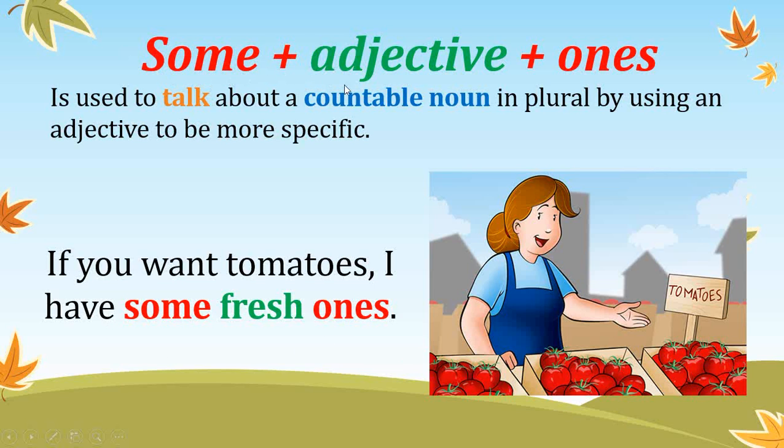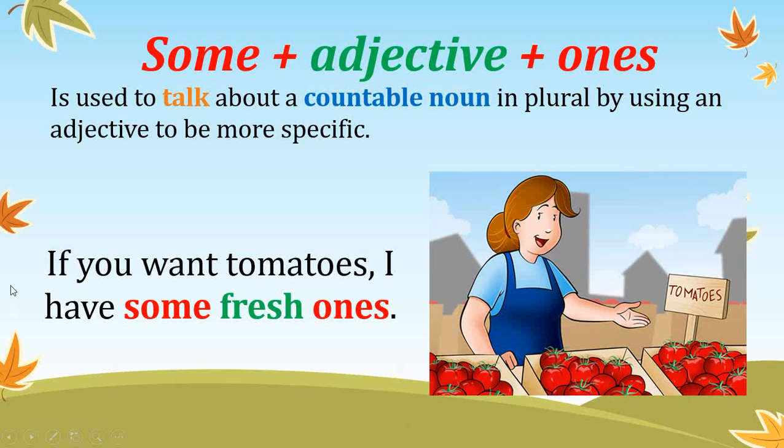Some plus adjective plus ones. This structure is used to talk about a countable noun in plural by using an adjective to be more specific. If we look here, we have tomatoes. They are in plural because they are more than one.